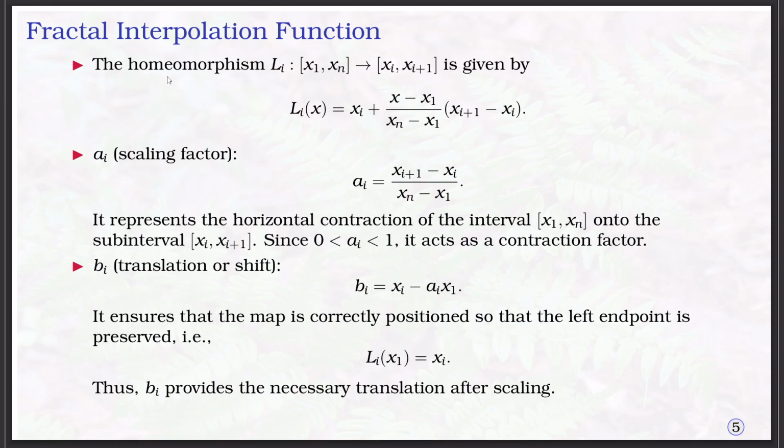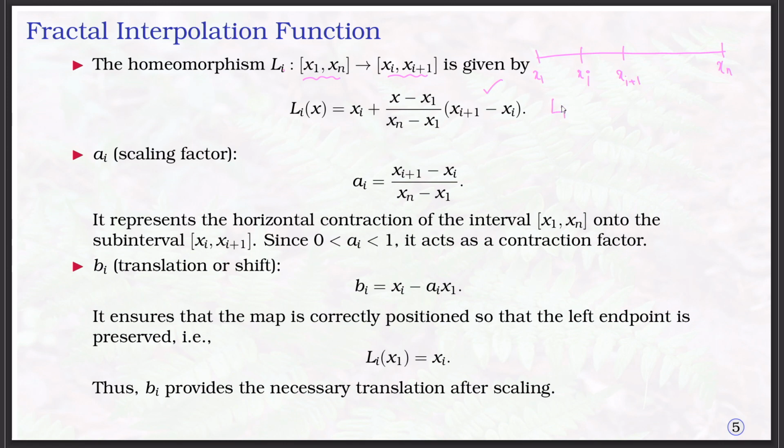See, the homeomorphism Li from [x1, xn] to [xi, xi plus 1], that means this whole interval to the subinterval, is given by this equation. Now let me explain how this equation will work. You can take the interval x1 to xn and assume that this is our xi and this is our xi plus 1.